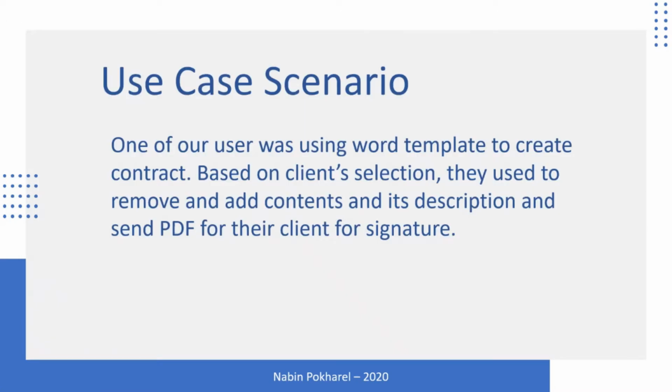How did we come up with this idea? One of our users was using the old template to make a contract, and based on the client's selection of technologies, the person had to manually remove some sections that were not applicable to the client, send it to the client through email, get the signature on the document, and store it in the company repository.